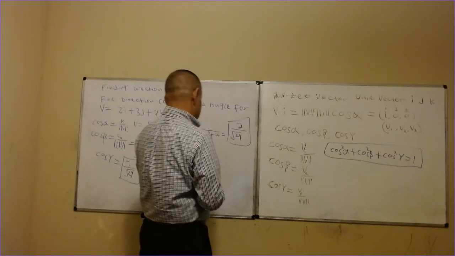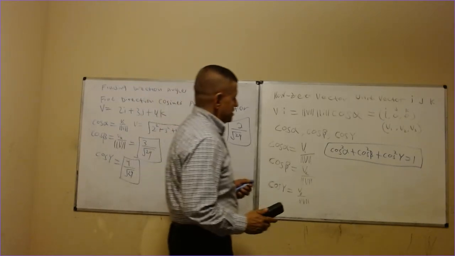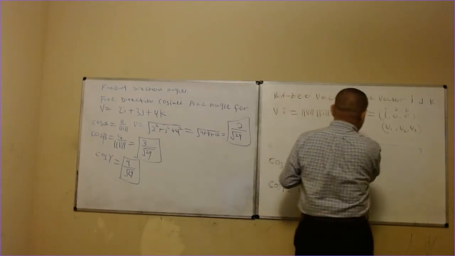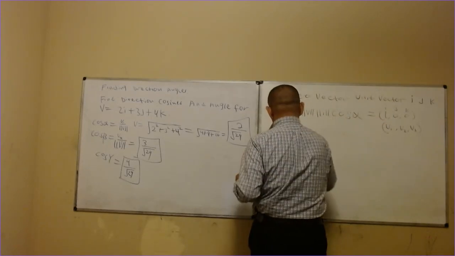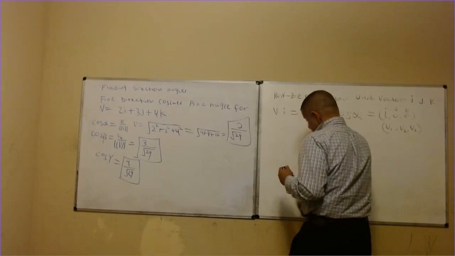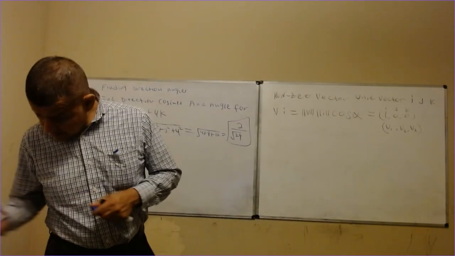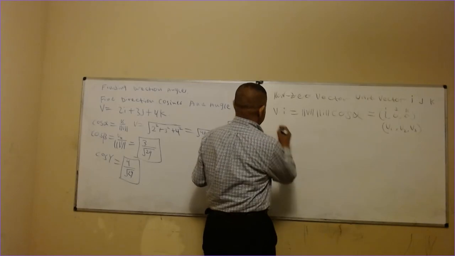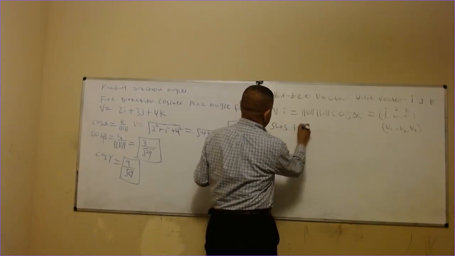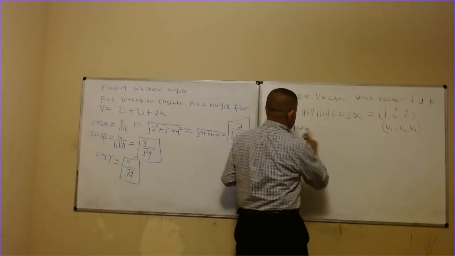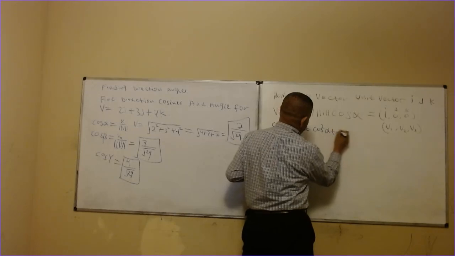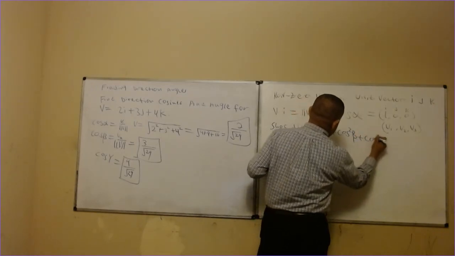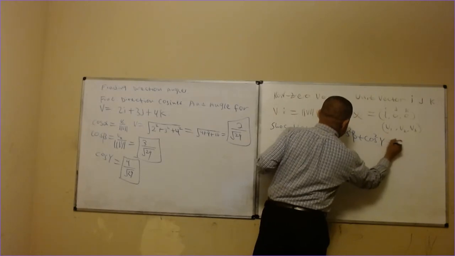Okay, so now that we have those values, probably I have to erase this. Because the question is also asking us to show that cosine squared of alpha plus cosine squared of beta plus cosine squared of gamma is equal to 1.